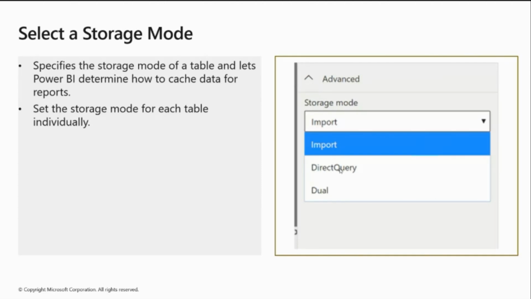Every time we have a request for reading the data, a communication is maintained with the source, and that is what helps us. So to understand this, let me take you to my whiteboard, and we'll see the difference between import and direct query.